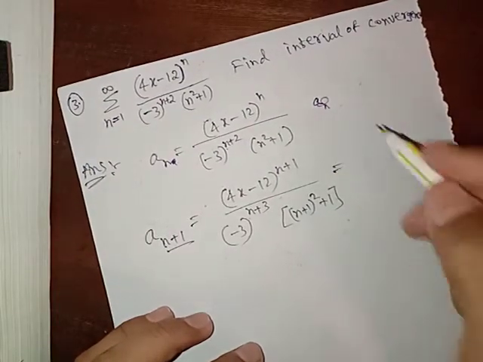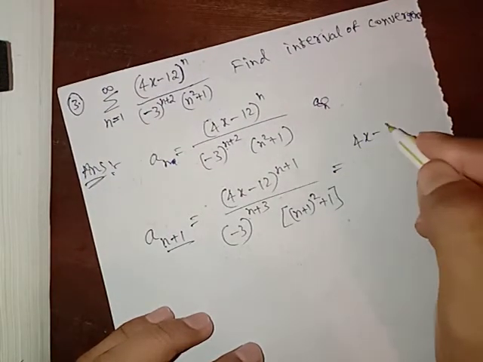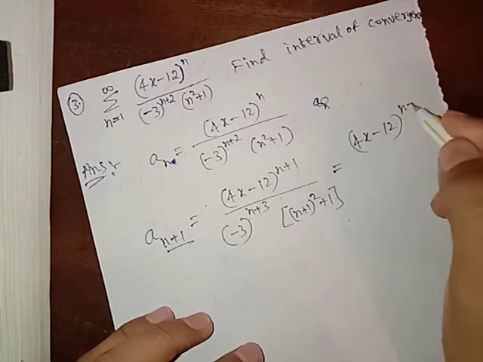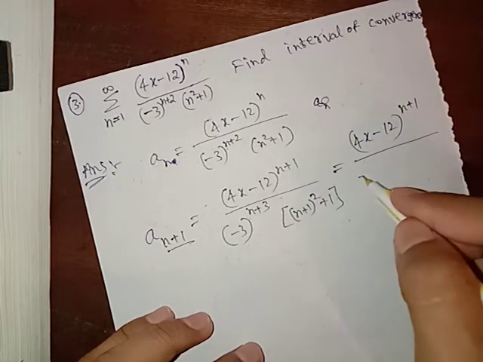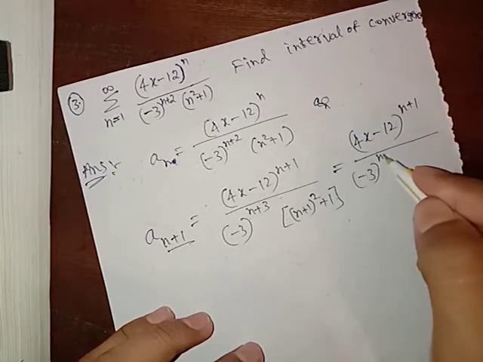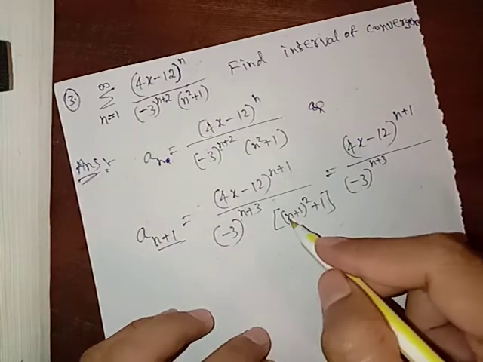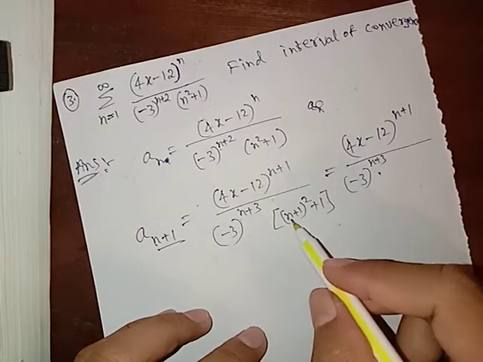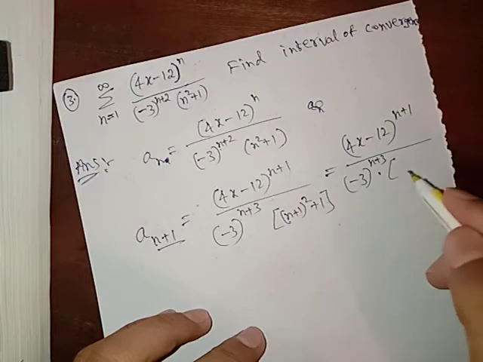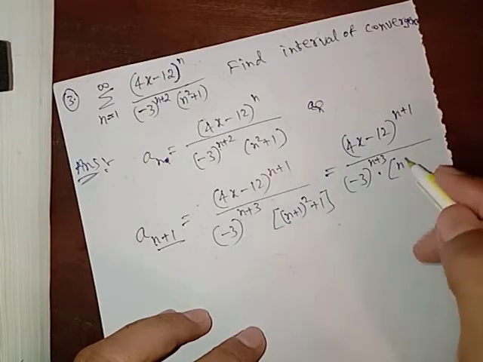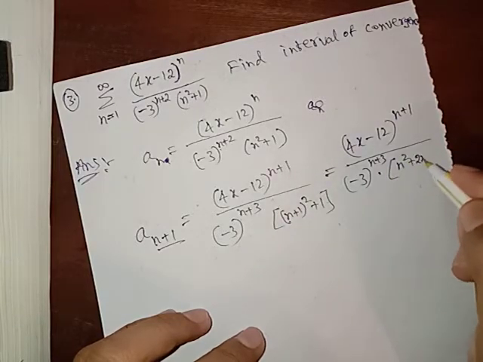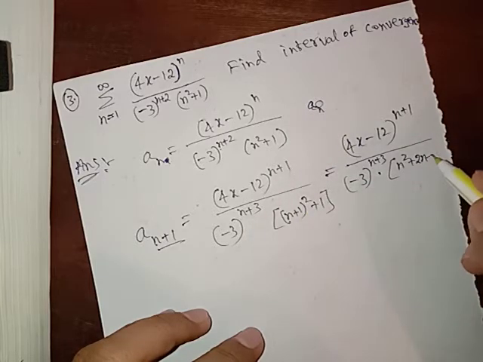Now this is (4x-12)^(n+1) divided by (-3)^(n+1) into (n+3), divided by (n+1) whole square. What is the expansion of this one? n^2+2n+1, plus 1.